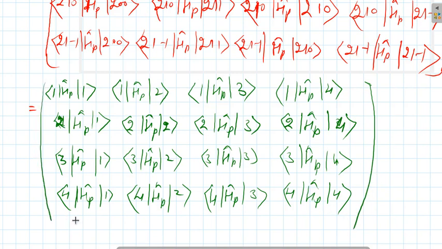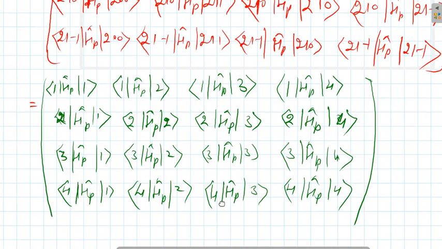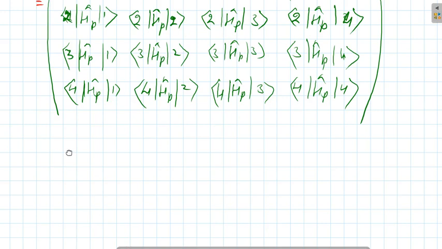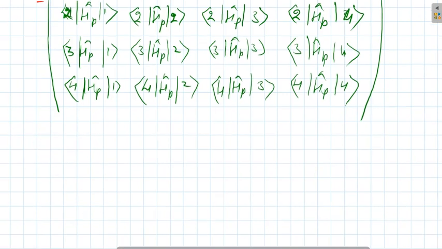And as I know, H_P, the perturbed Hamiltonian, is e epsilon z.